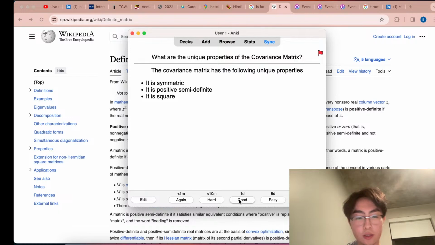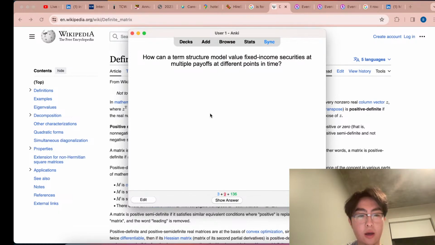How can a term structure model value fixed income securities at multiple payoffs at different points in time? I like to think of a term structure model as kind of the yield curve.